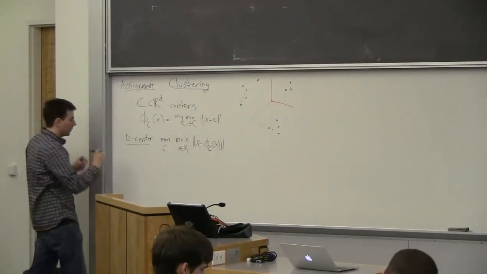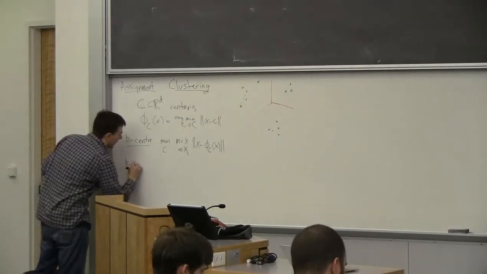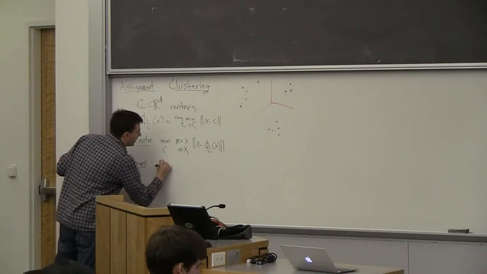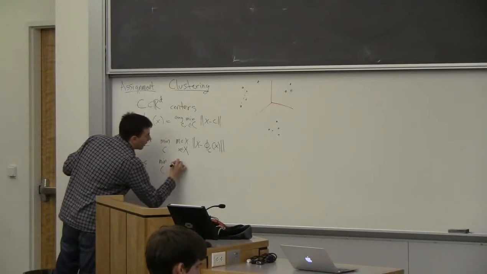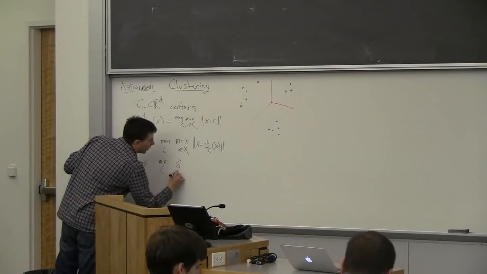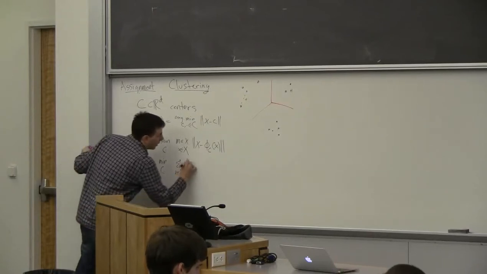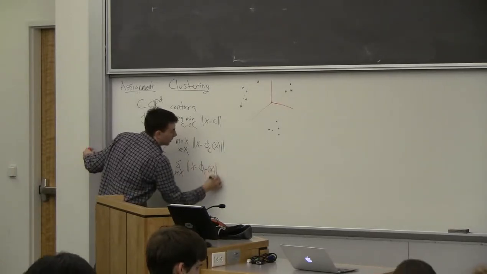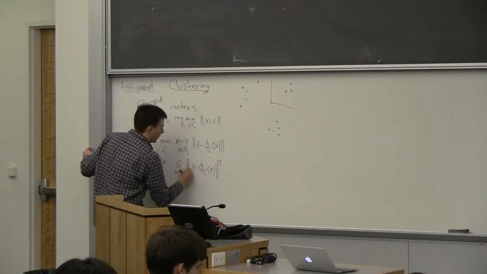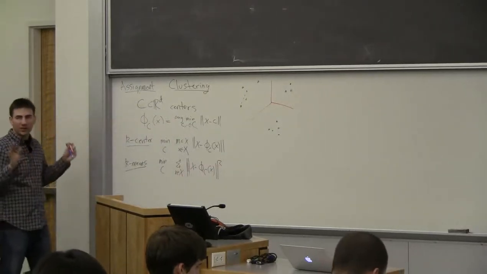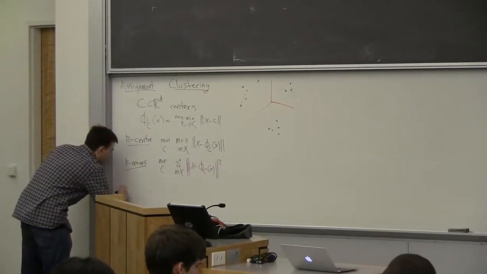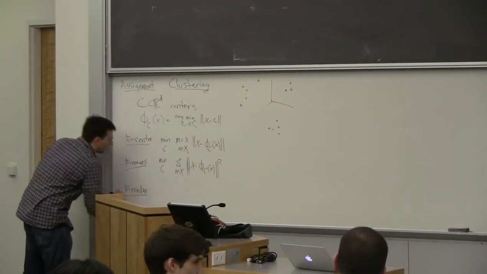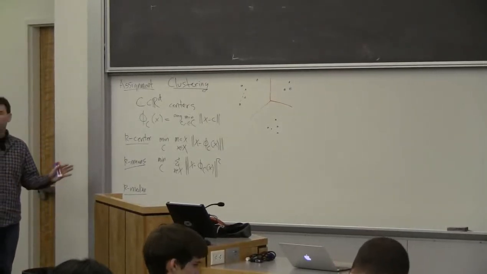The most famous one, which we're going to spend most of the time on today, is the K-means formulation, where you want to find the set of centers that minimizes the sum over all of the points in your set of the distance from X to its assigned cluster center, squared. The third common one, which we will discuss very briefly, I call the K-median.